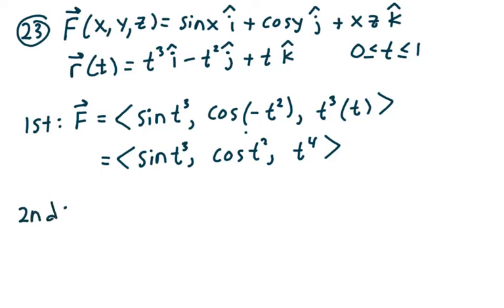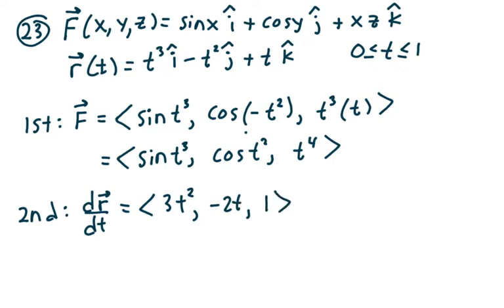Second step, we're going to take dr/dt. And again, I'm going to express this in component form. So we get 3t squared, negative 2t, 1. And it's a pretty good problem, okay? Now, look, if I take f dotted with dr/dt, I get the following.